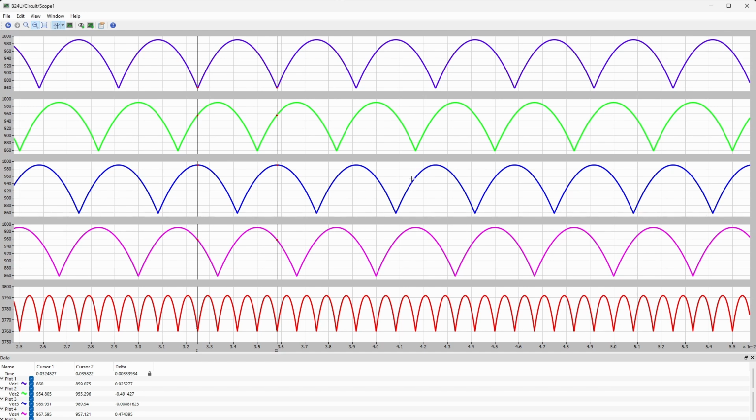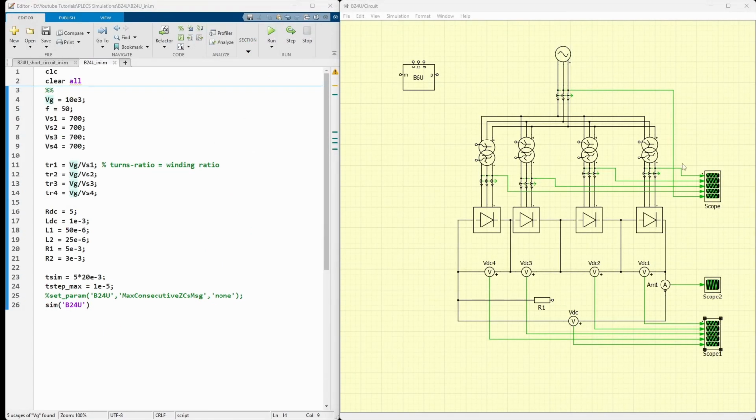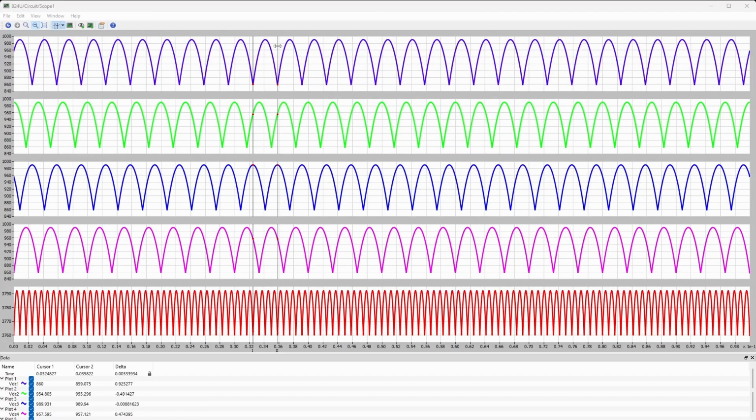Let me check. No, this doesn't apply here. So if we consider 20 milliseconds, we should see 24 pulses as we do here.